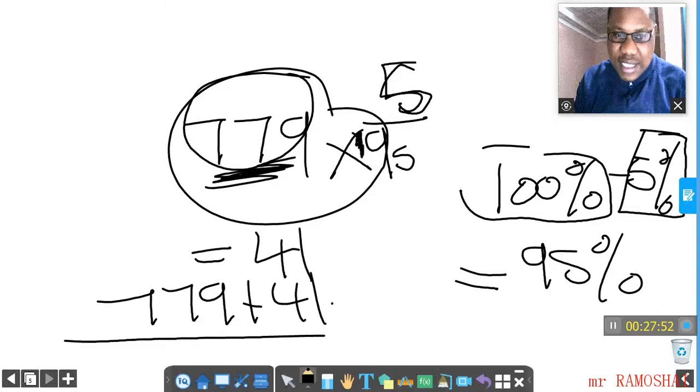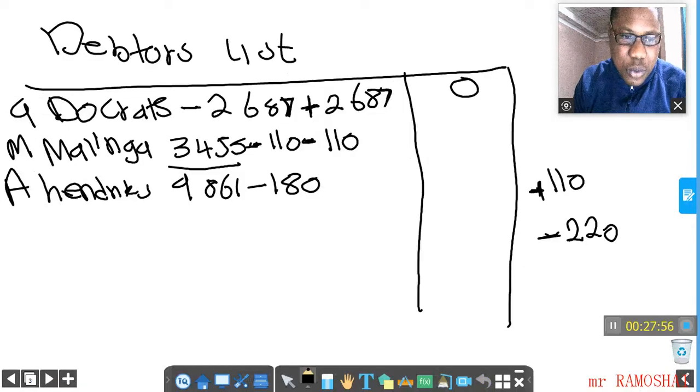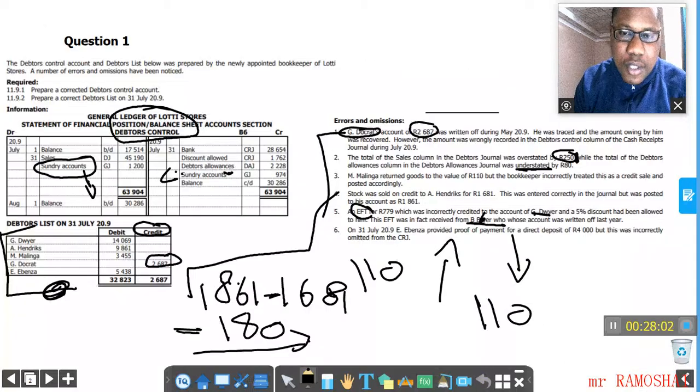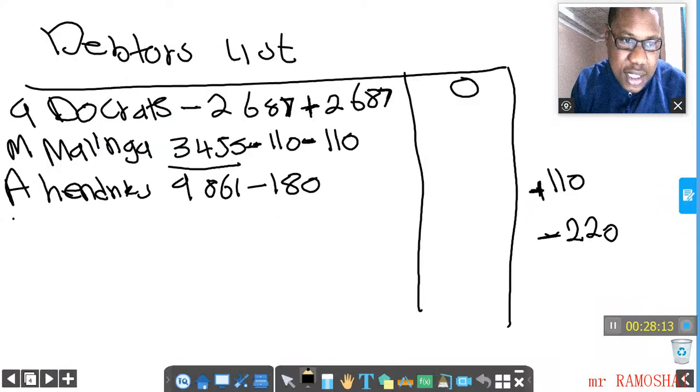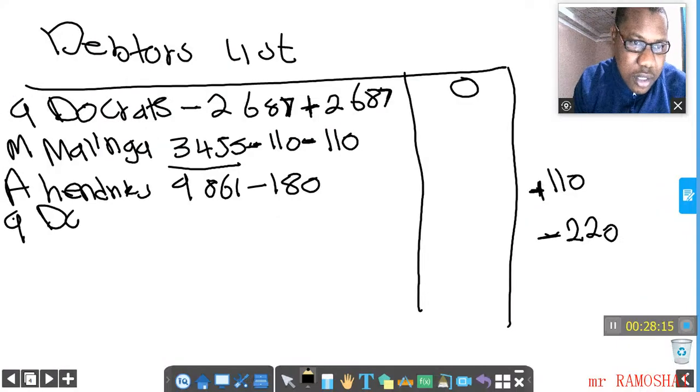So that means the amount which was subtracted now is going to be like this. Are we clear? So when we go to his account, the account of G Dwyer, how much was he owing us? 14,069. We must increase it.